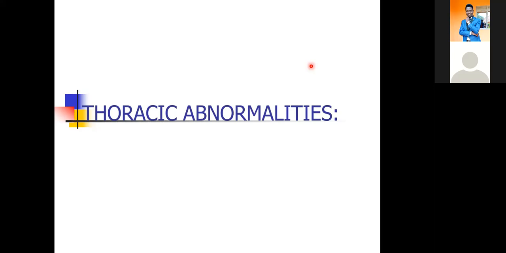So we compare the perfusion images with the ventilation images and see if they look similar or not. If there is presence of embolus, then we expect that they are not going to look similar. There's going to be a mismatch because there are going to be cold areas or defects on the perfusion images which are not present on the ventilation images. I don't know if that makes sense now.